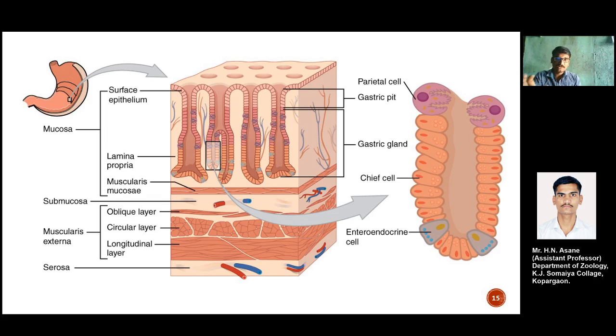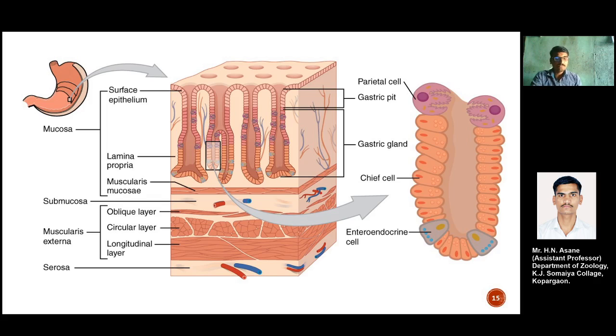As you can see, the parietal cells have a purple nucleus. These cells are also called HCl cells because they secrete HCl. As I said, these are a special type of cell, the parietal cells, which secrete HCl to get the acidic environment in the stomach.